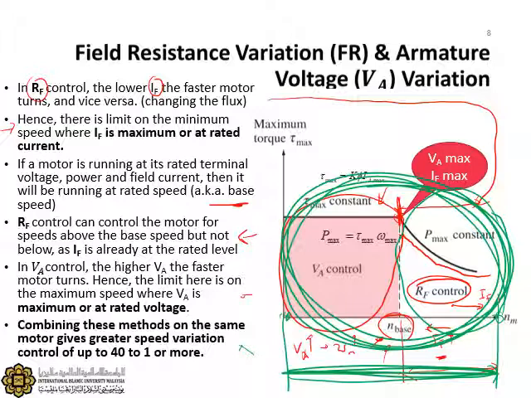So you've got a very large range when you combine these two methods. But obviously the drawback is that your control becomes more complex because you have to use two techniques at the same time, with the same motor. So the advantage is that you have a wider range of speed.